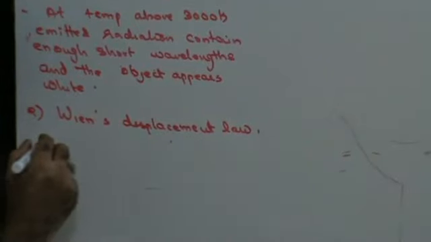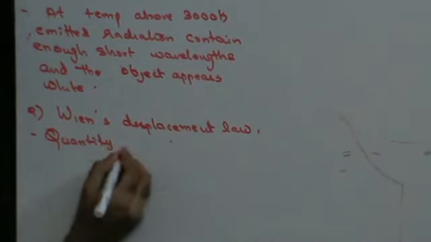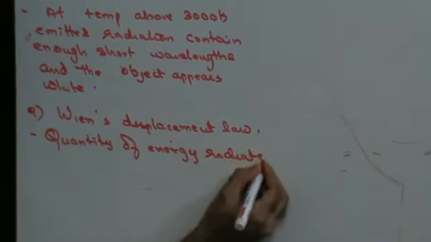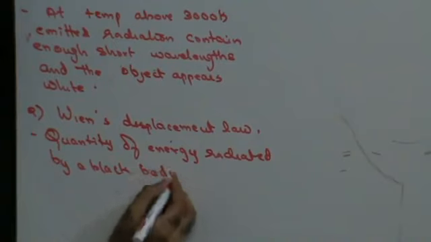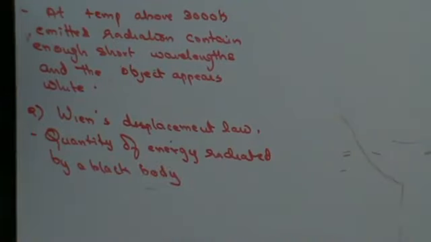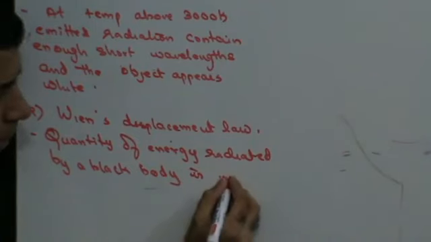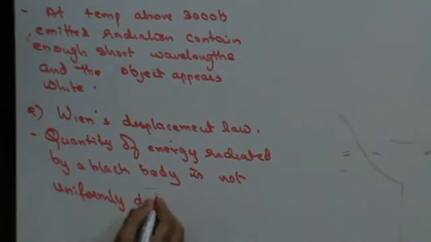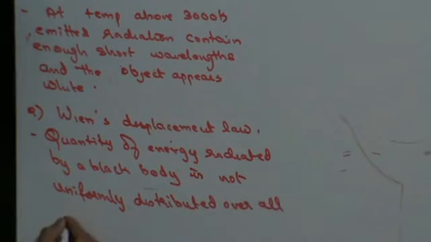The quantity of energy radiated by a black body is not uniformly distributed over all wavelengths.